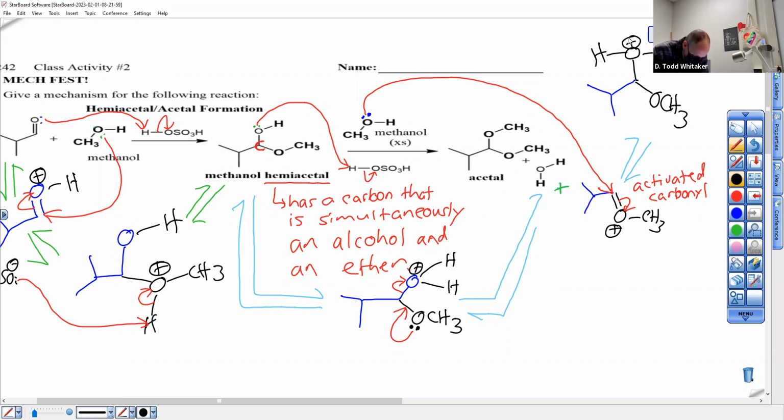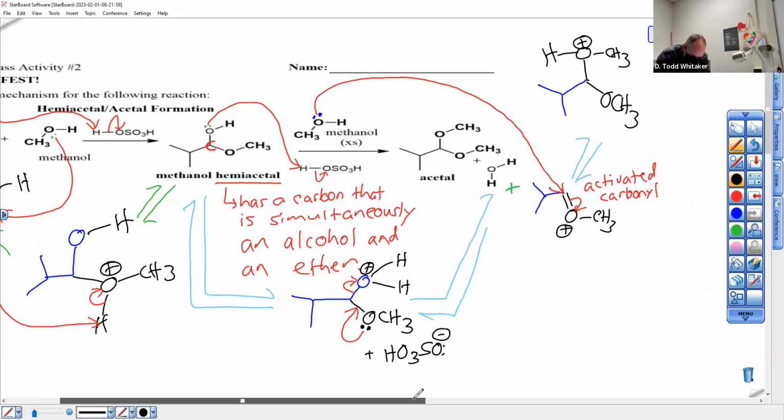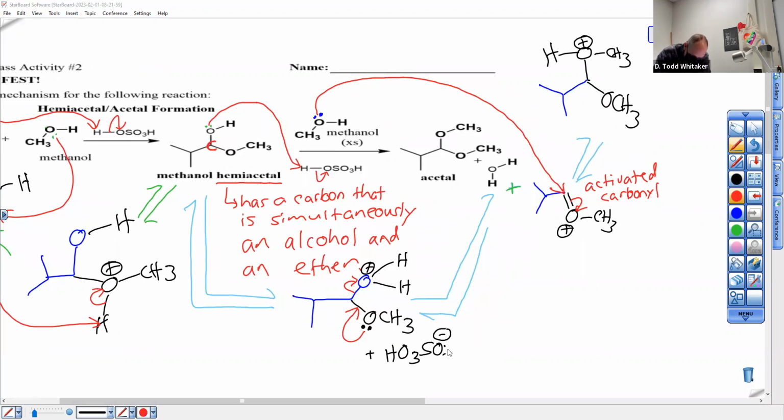And we generated a sulfate ion. I guess we generated it way down here.